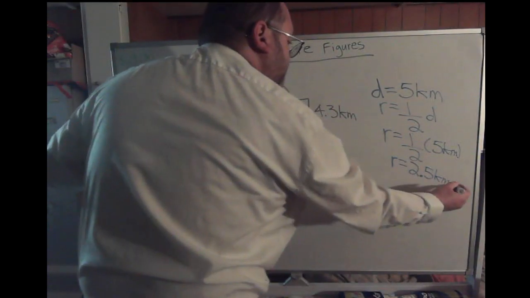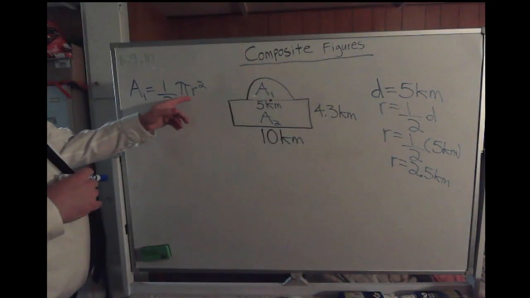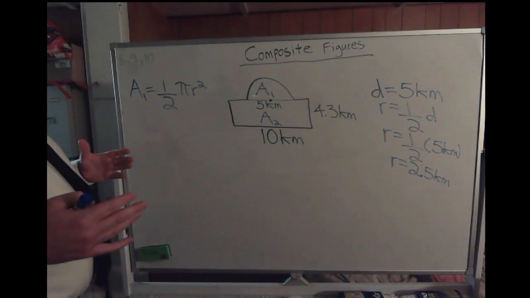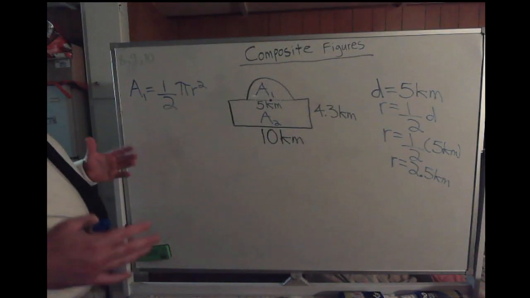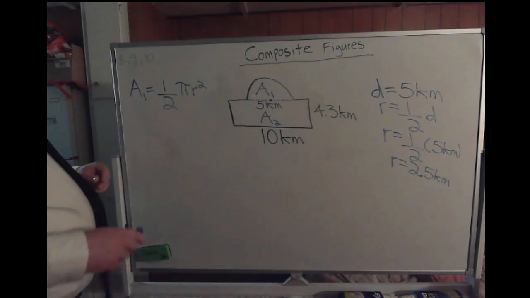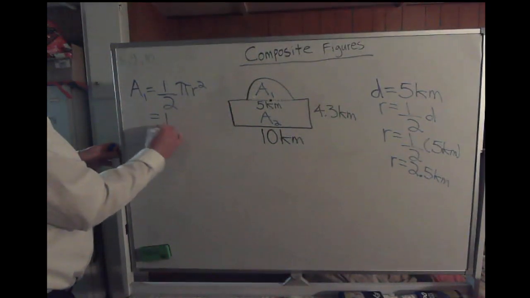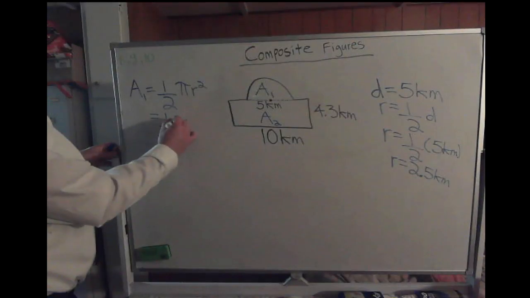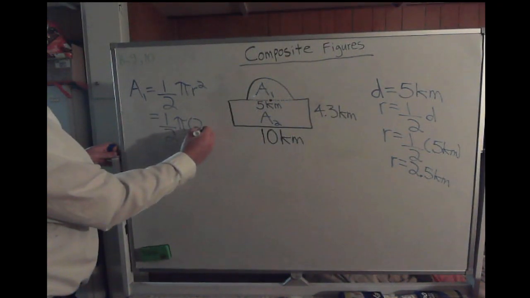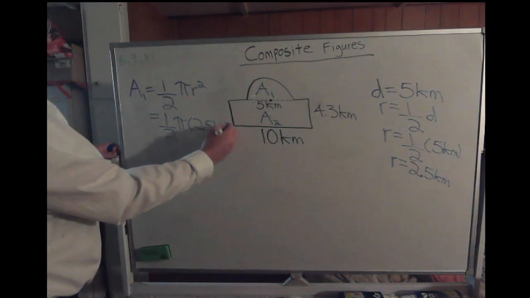Because in order to find the area of a circle, we need to use the radius. I mean, we can use the diameter. You're just going to involve an extra fraction, and I don't really think anyone wants to deal with any more fractions than they have to. So this area is going to be equal to 1/2 times pi times that radius of 2.5 kilometers to the second power.